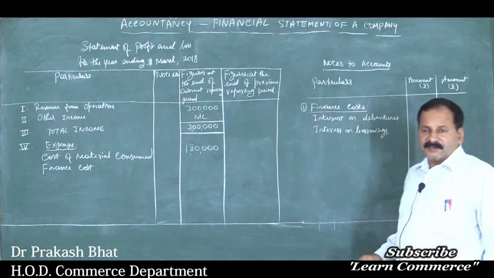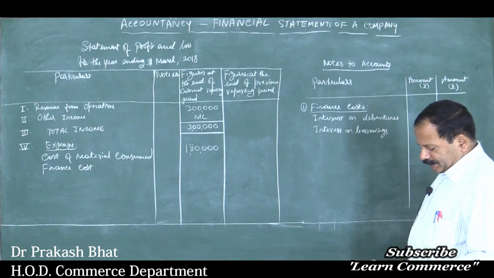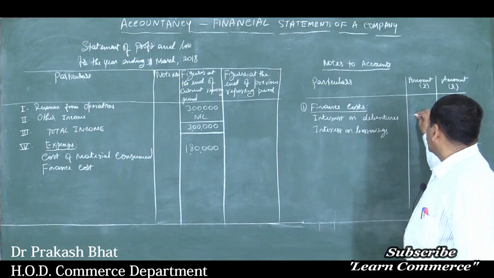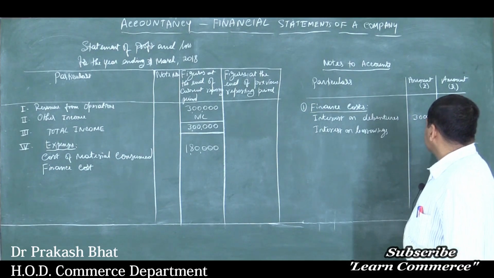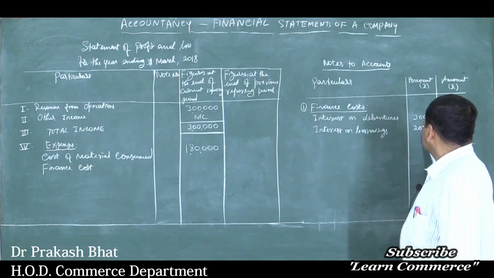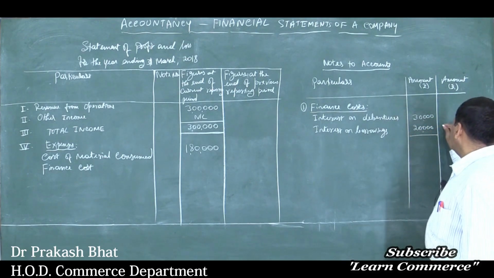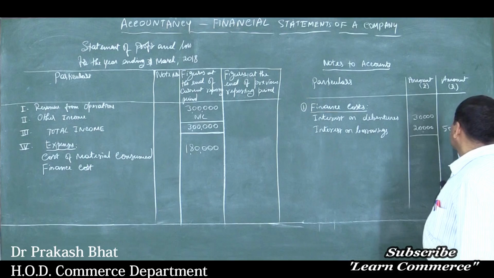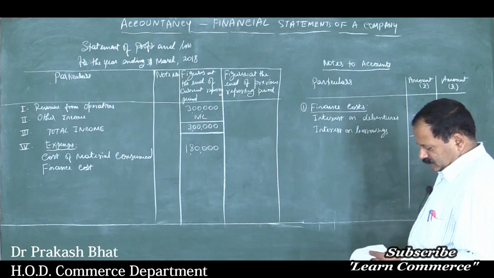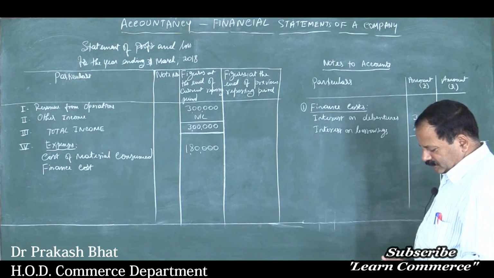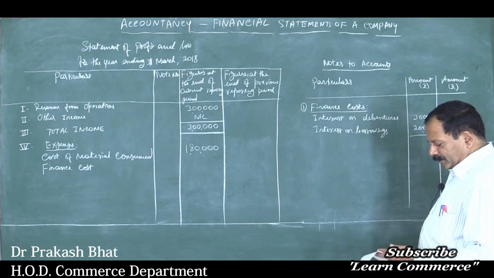How much is it? Interest on debentures 30 and this is 20, right? Yes. So total it will be 50,000. That's all. That is the only note we have to prepare here.